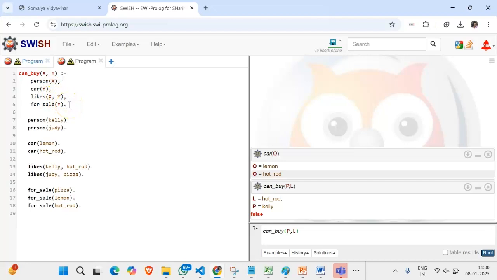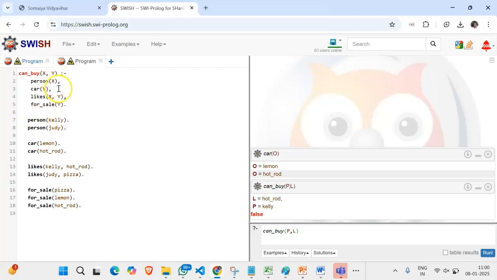Now here we can see that Prolog takes backtracking as the approach. When it has to resolve the answer for can buy X, Y, it would start with the first clause in the rule, which is person X. So it would start with the first person.